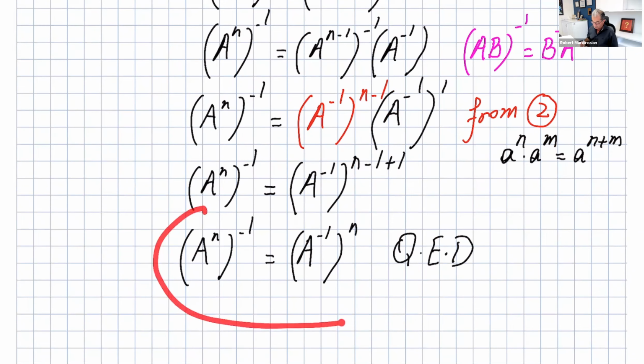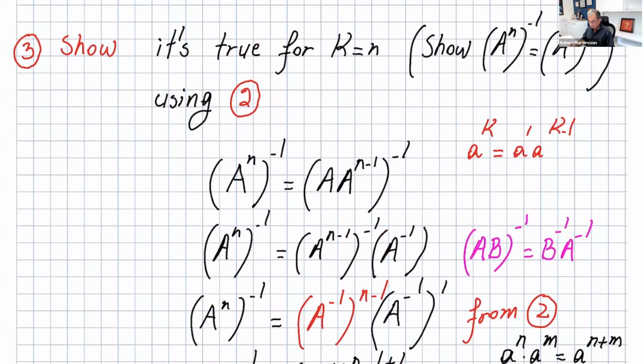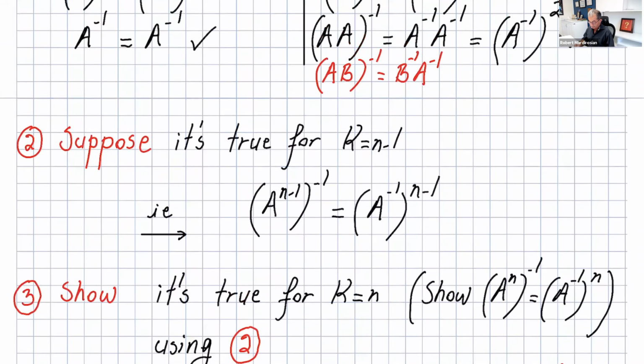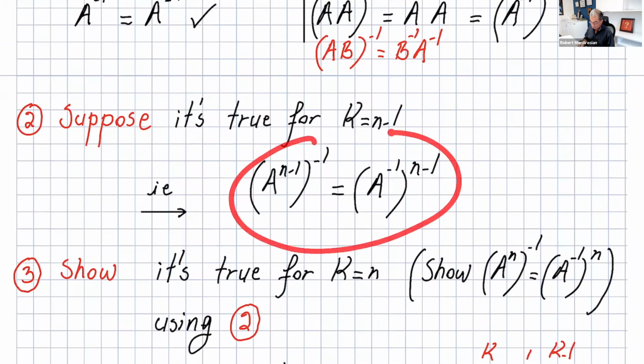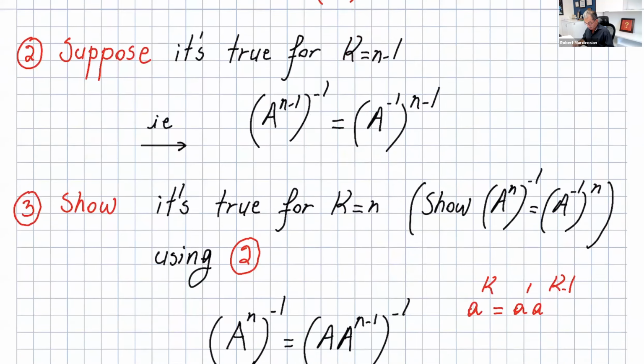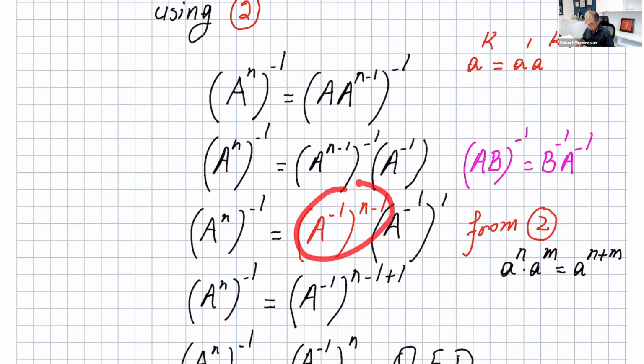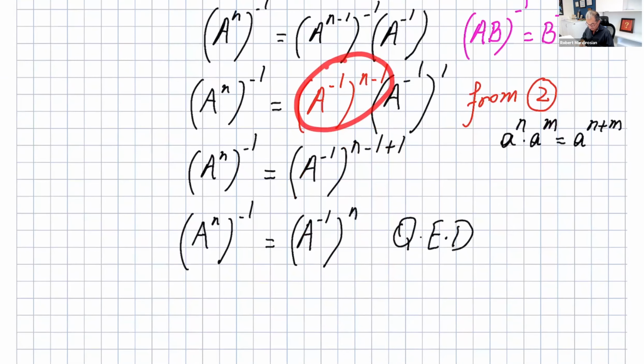And guess what? This is what we were looking for. So what we did, we supposed that is true, and in this step we used it, and we proved at the end we got to our statement or equality, and it worked out.